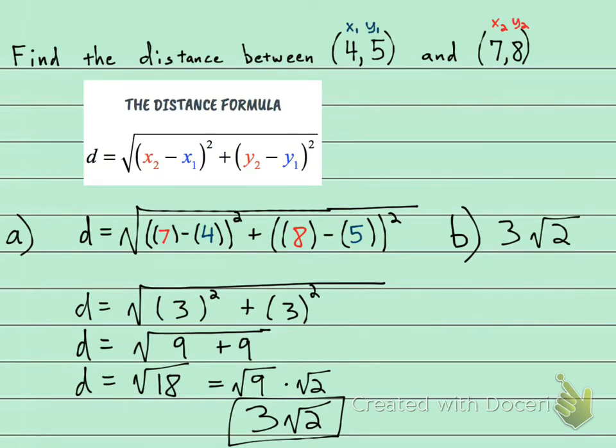So 3 square root of 2 in the TI-30X IIS, you're going to punch 3, second, square root, 2, and then equals. It gives me this decimal, 4.242640687.